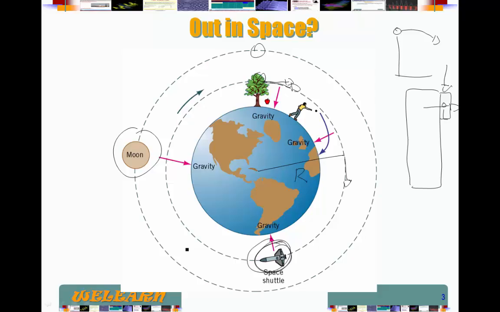That's why when you see pictures and videos of people on the space station or the space shuttle, you'll see them experiencing what people usually call weightlessness, but it's not really weightlessness. They are in free fall, as well as everything in the space shuttle, and that's why it's going to look like they are weightless.